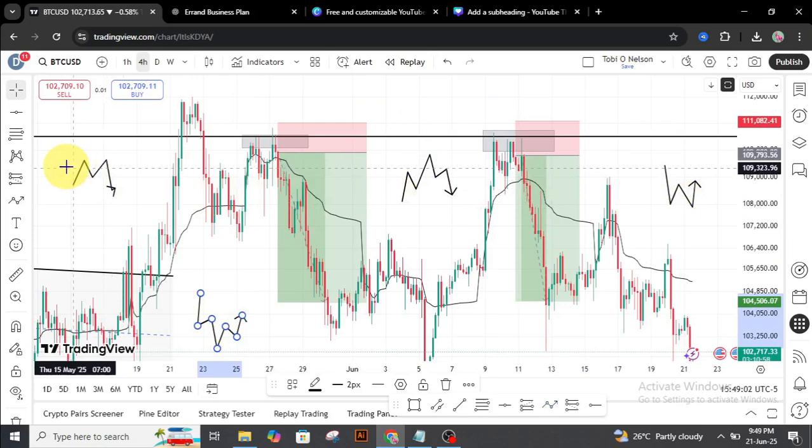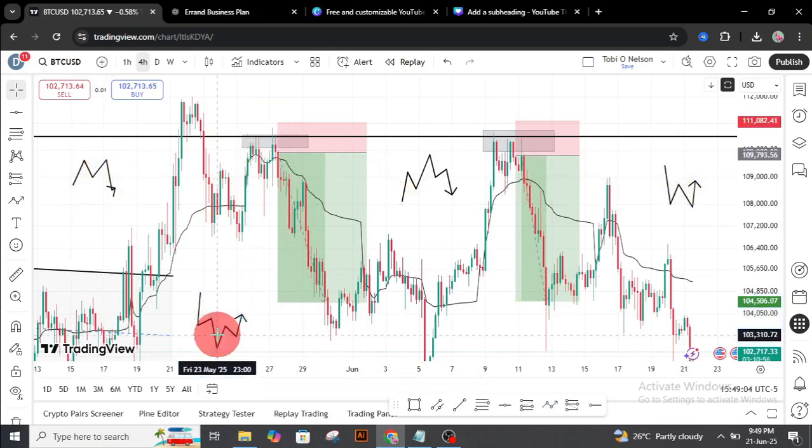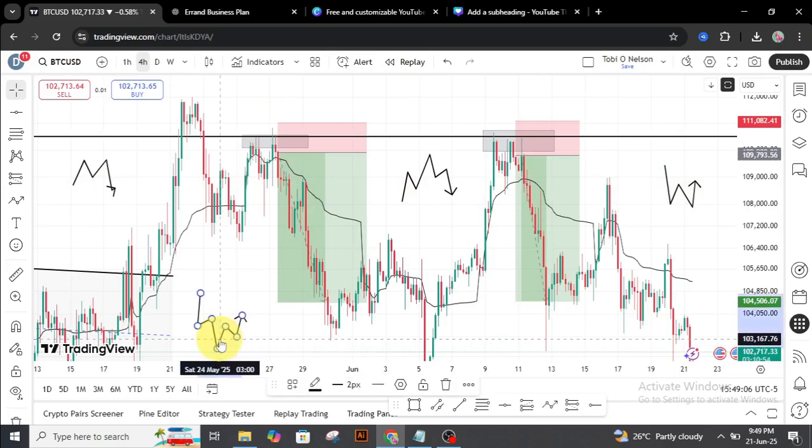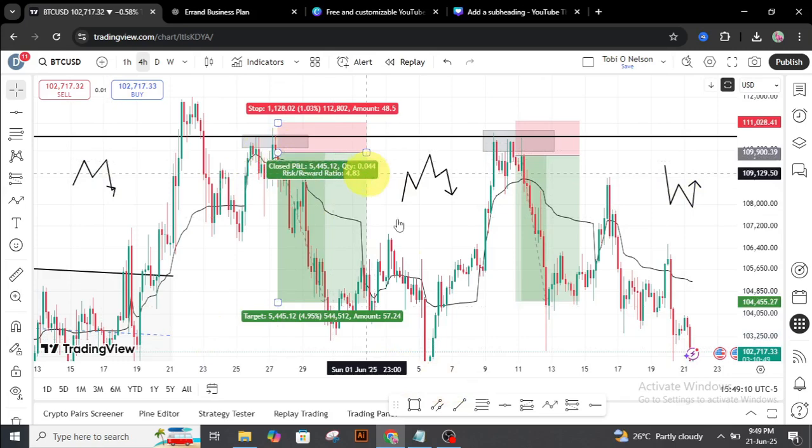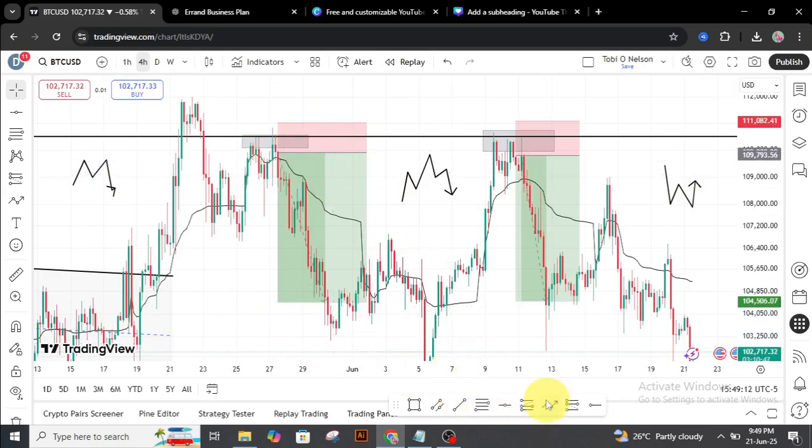All right. So here is an example of the trade I took last week on Bitcoin. You can see the pattern here, a double top. You can see it here, and you can see the pattern there.